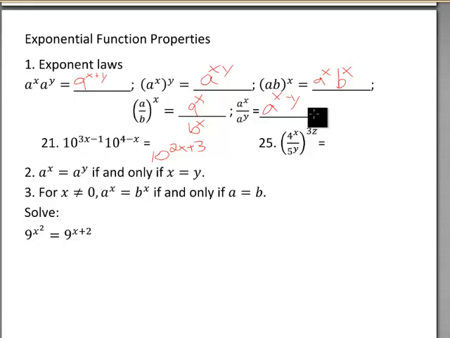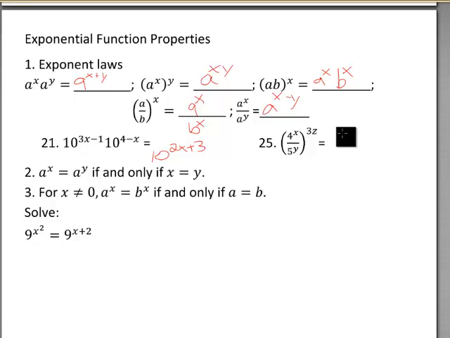This one's not so straightforward, but it's not so bad either. Here we're going to take this and apply this property right here, and we're going to distribute this outside exponent on here.